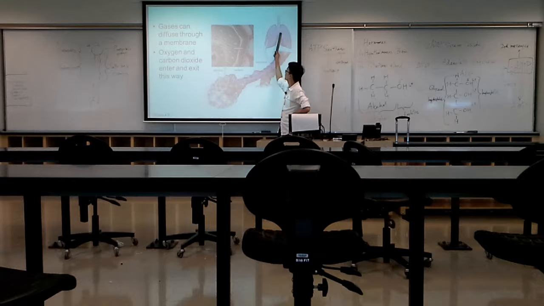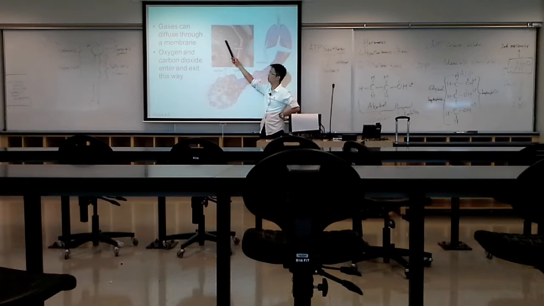Oxygen, when we breathe in air, then our lung will fill with oxygen gas, and then oxygen will be able to go through the one cell thick wall of the alveolus, and then go into the capillary that is surrounding the alveoli.